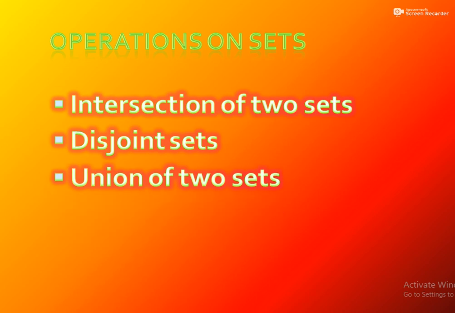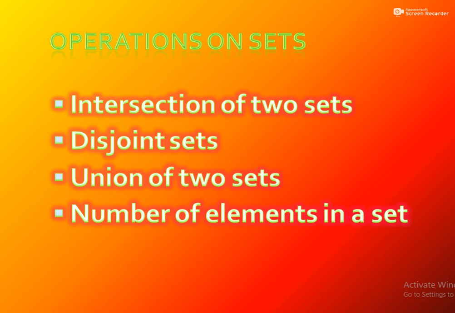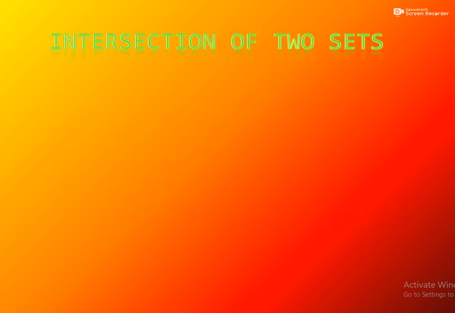The next one is union of two sets. Union means unity. We have to combine the elements of the two sets together. That is the union of two sets. And the last one is number of elements in a set. In that we have to decide how many elements are present in the set. So let us start with the first one, the intersection of two sets.